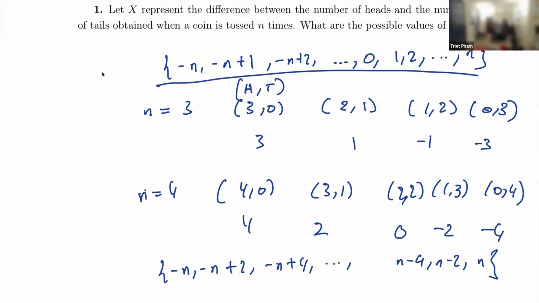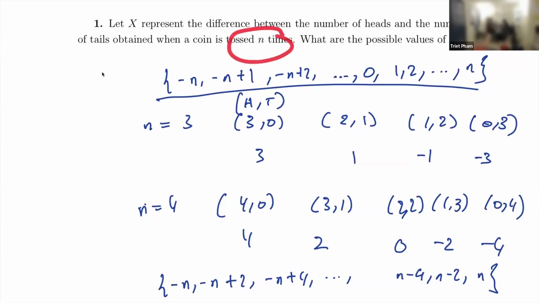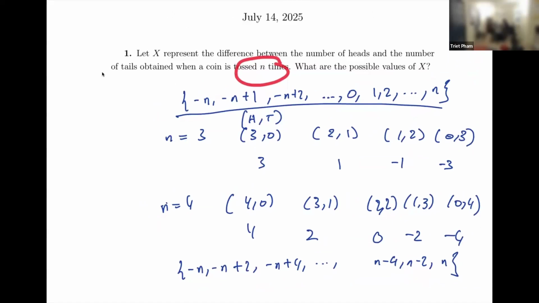No. Why? Actually, the reason is pretty obvious when you think about it. If a coin is tossed an odd number of times, x equal to 0 means the number of heads equals the number of tails. But if it's tossed an odd number of times, could that happen? Nope.